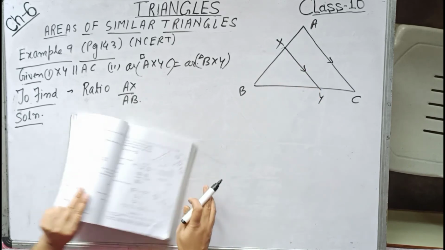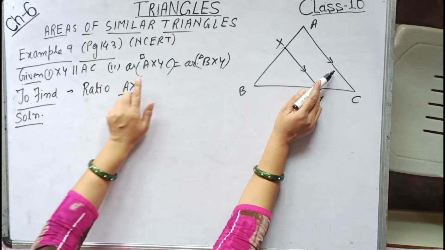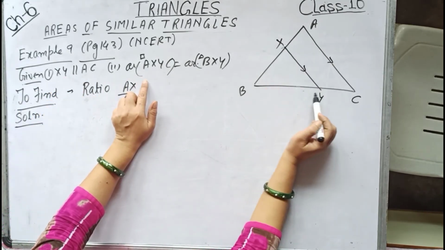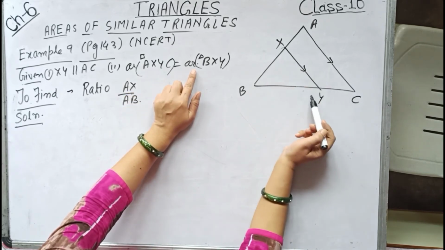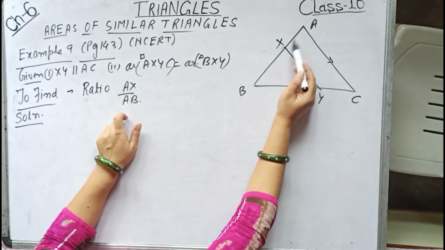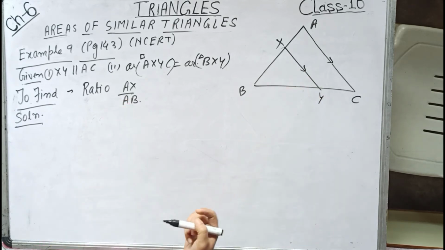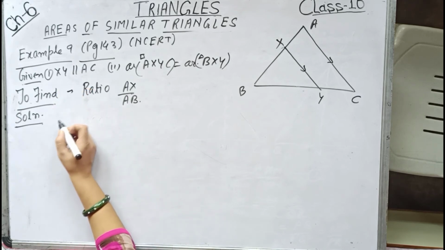So the given part has been written over here. Given XY is parallel to AC and area of quadrilateral AXYC equals area of triangle BXY. To find the ratio AX by AB. So let us start. First, it is given that XY is parallel to AC.